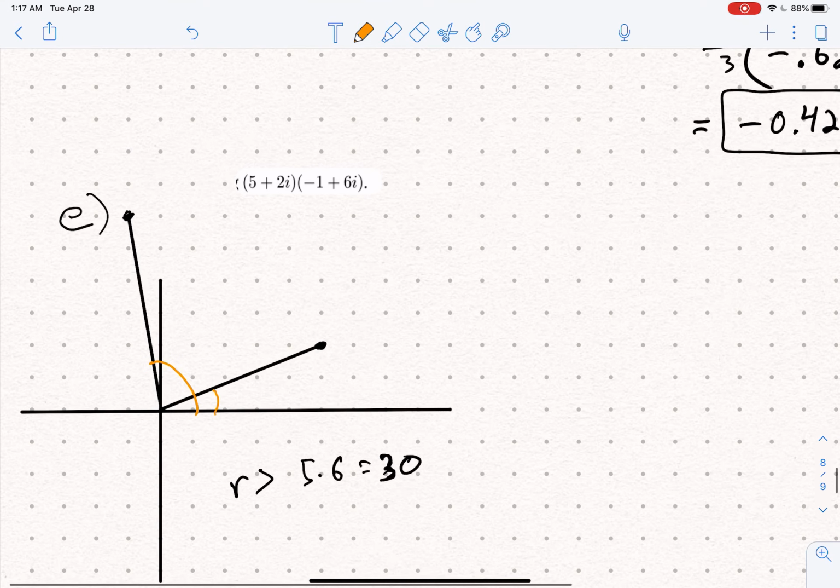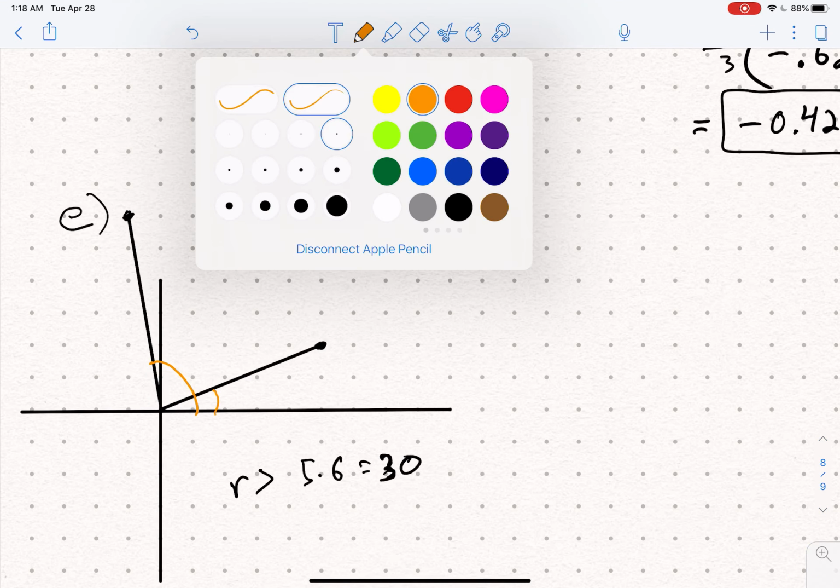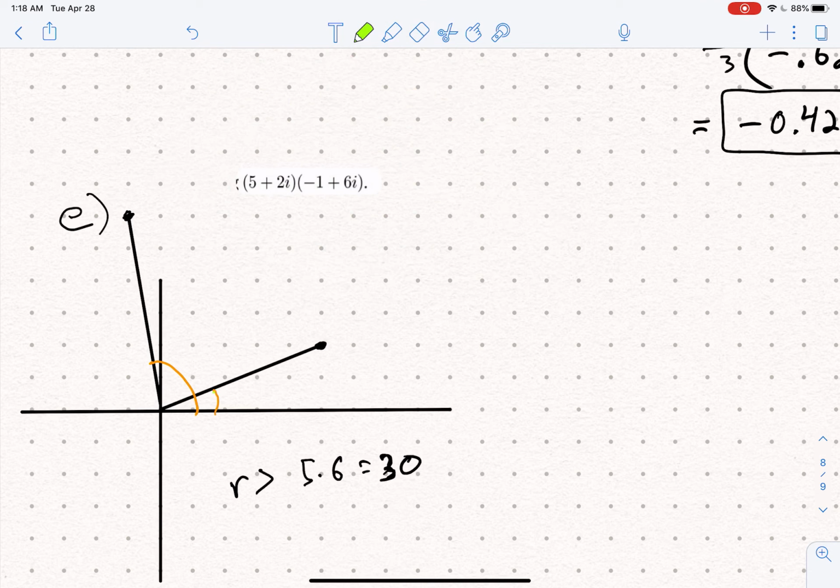If you were to take these 2 angles and add them together, when you add angles, it's almost like you take a copy of this angle and you go to the other angle and stick a copy of the first angle on there afterwards. In fact, let me do the first angle in green. And then let's imagine that we copy that angle over to the end of angle 2.